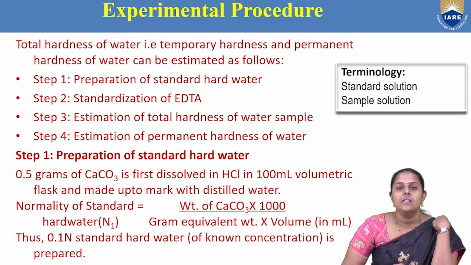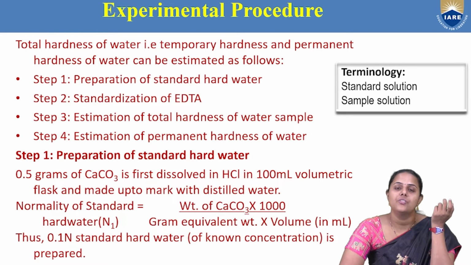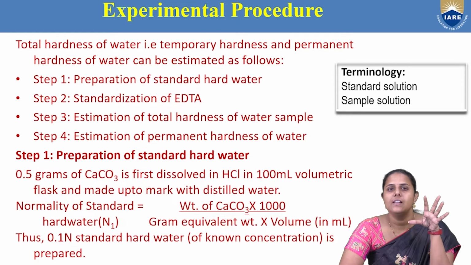Now, before entering into the experimental procedure, let me introduce two important terms: standard solution and sample solution. In general, the term standard solution is used for solutions whose concentration is known, meaning there is no need to calculate or find out the concentration of that particular solution.